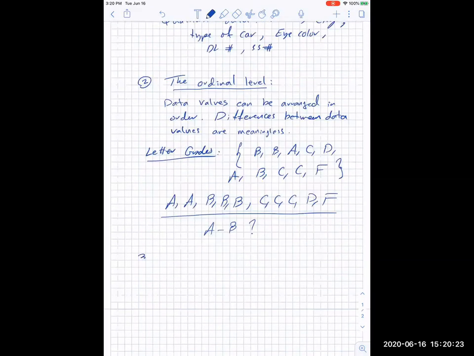And the third level, we have data at the interval level. In this case, data values can be arranged in order.